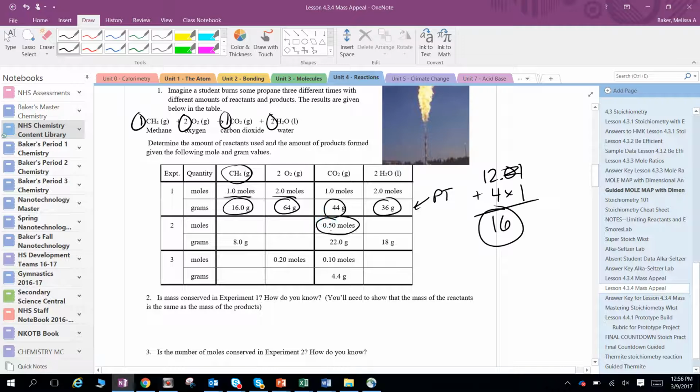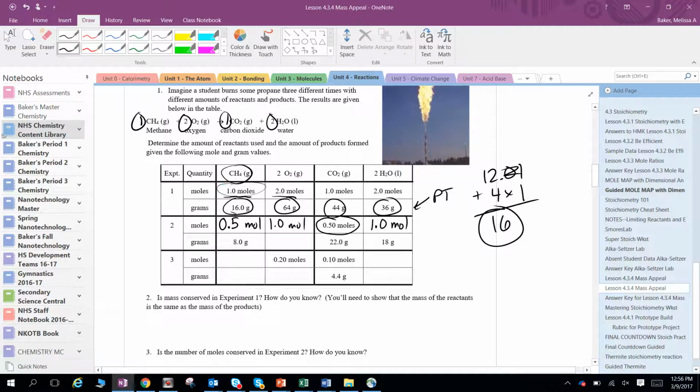So what if you only have a half a mole of carbon dioxide? Well, you're going to make 1 mole of H2O. You're going to need 1 mole of oxygen, and you're only going to need half a mole of methane.